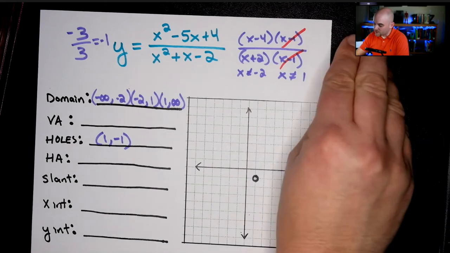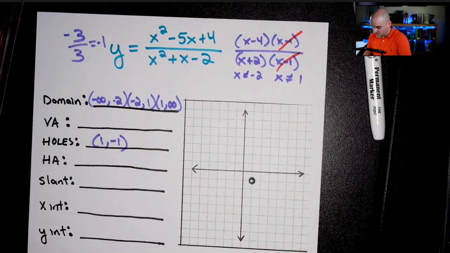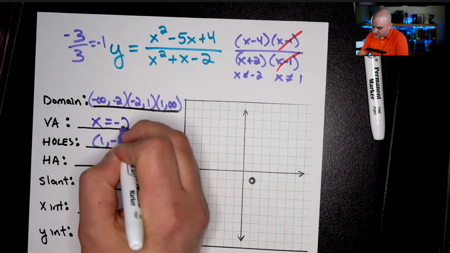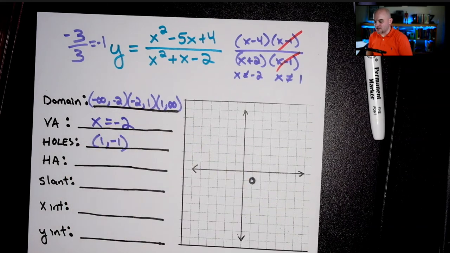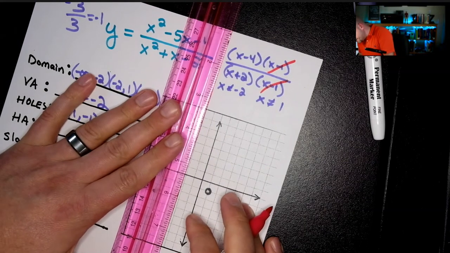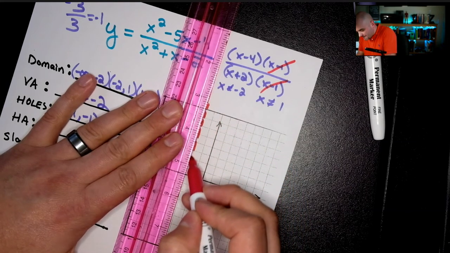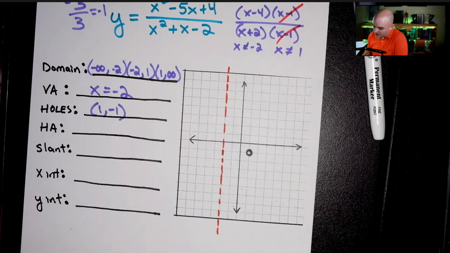Now the vertical asymptote occurs at negative 2 because that did not cancel. So x equals negative 2, make sure you put that as an equation, x equaling something. And I'm going to go ahead and graph that vertical asymptote while I'm thinking about it. All right, so there it is, graphed for us.